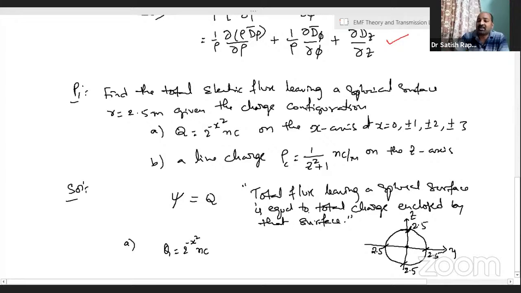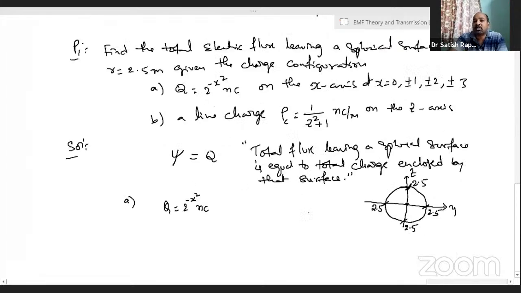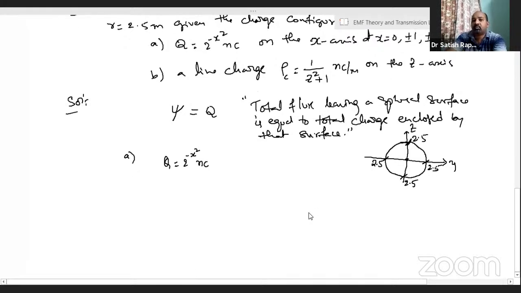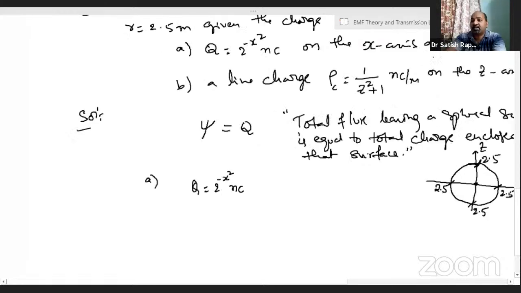What is the total charge enclosed by that surface? On the x-axis, charge is located at x equal to 0, x equal to plus or minus 1, plus or minus 2, and plus or minus 3.